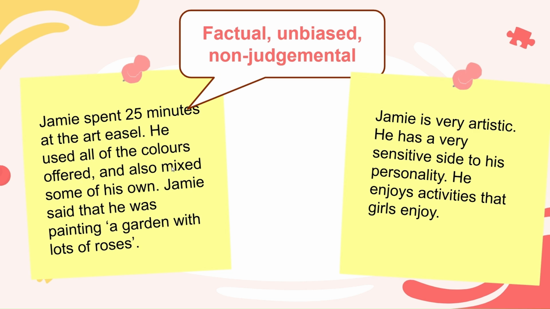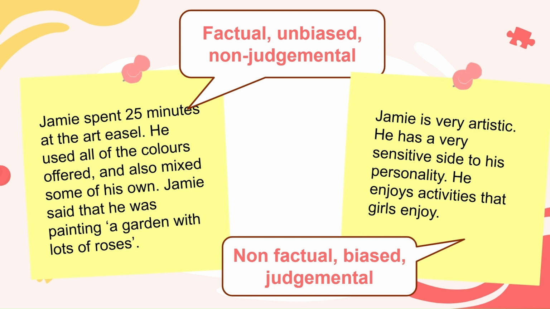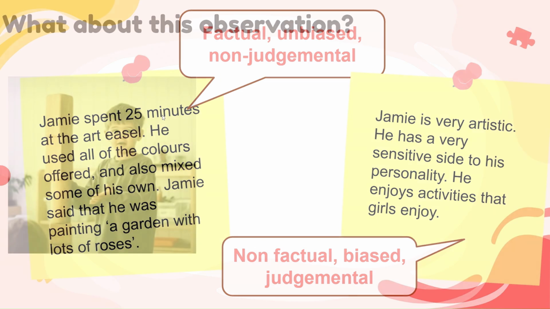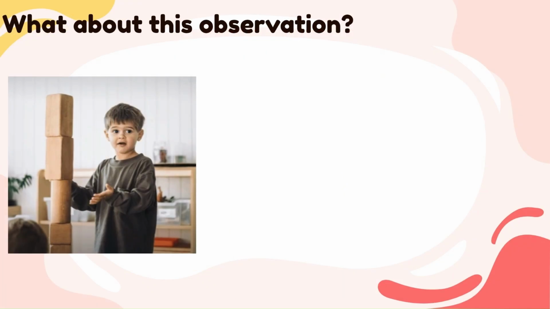The first one is factual, unbiased, and non-judgmental. The second observation is non-factual, biased, and judgmental. We try to stick to the facts and avoid biased or judgmental language when recording observations. What about this observation?